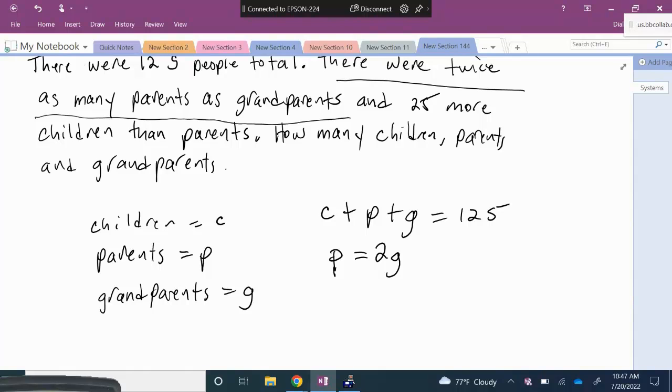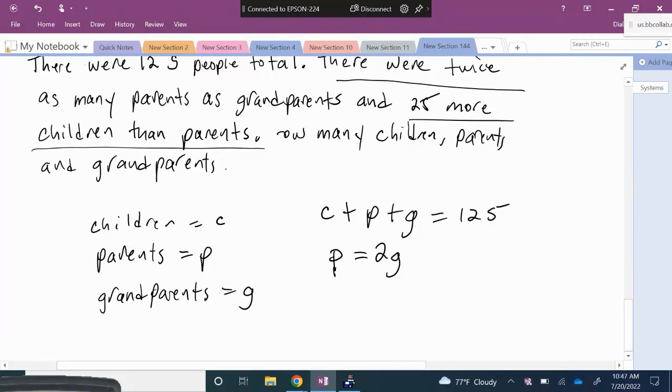Because there were twice as many parents as grandparents, if we take the number of grandparents and multiply that by 2, that will give us the number of parents. And the last says that there were 25 more children than parents.